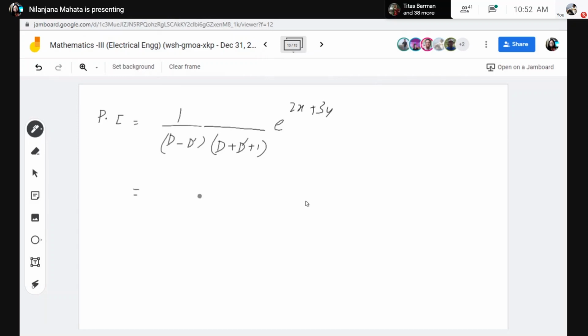Remember the formula: if this doesn't vanish, in place of D we write a, and in place of D dash we write b.